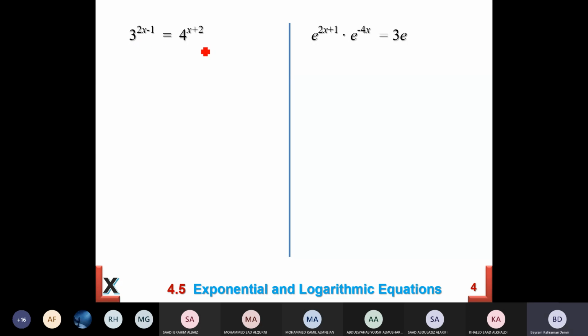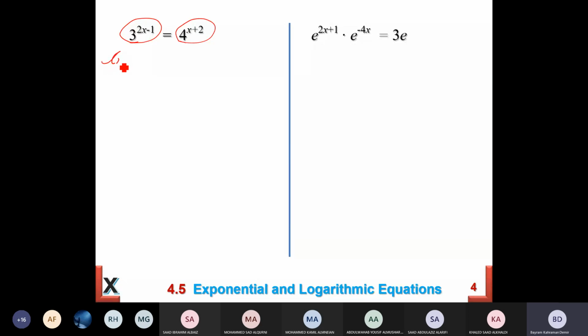If two expressions are equal, that means the logarithm of one expression is equal to the logarithm of the other expression. So, since ln is easy to type, I can use it, or with base 3, whatever you can use, of course.